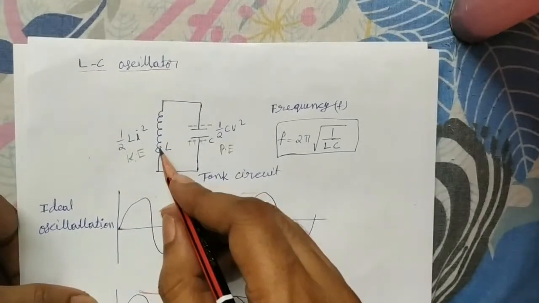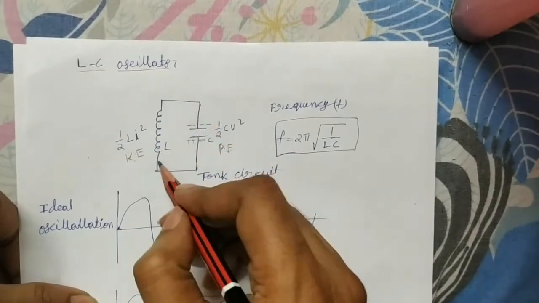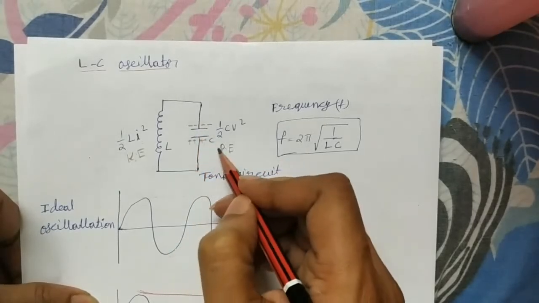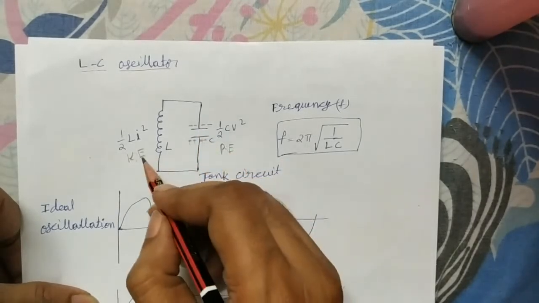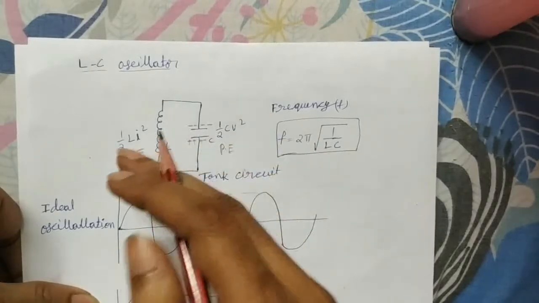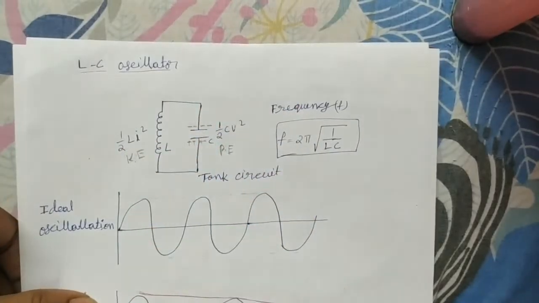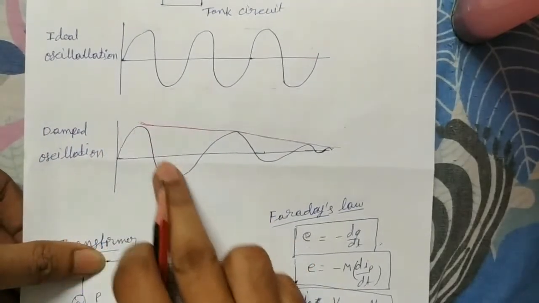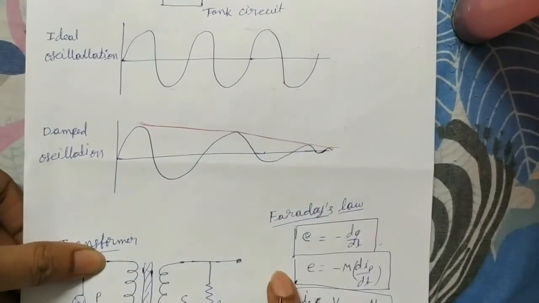But actually there is no ideal inductor. It also has some resistance, and the wires connecting the two also have some resistance. Because of that, when energy is exchanged from potential to kinetic or kinetic to potential, some part of the energy is lost. So instead of ideal oscillation we get damped oscillation like this.